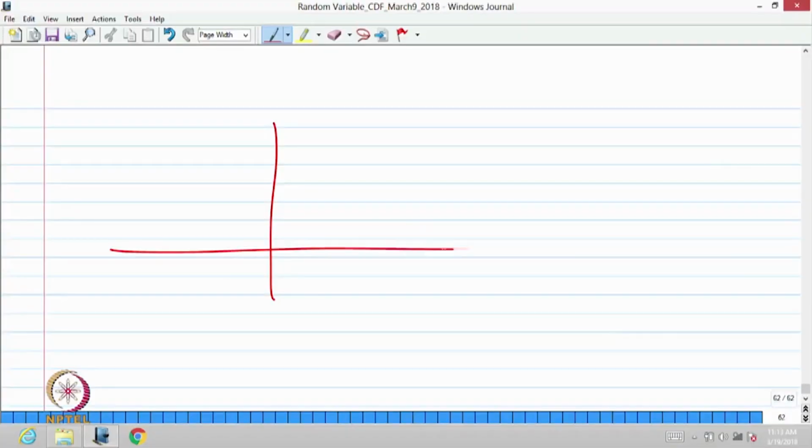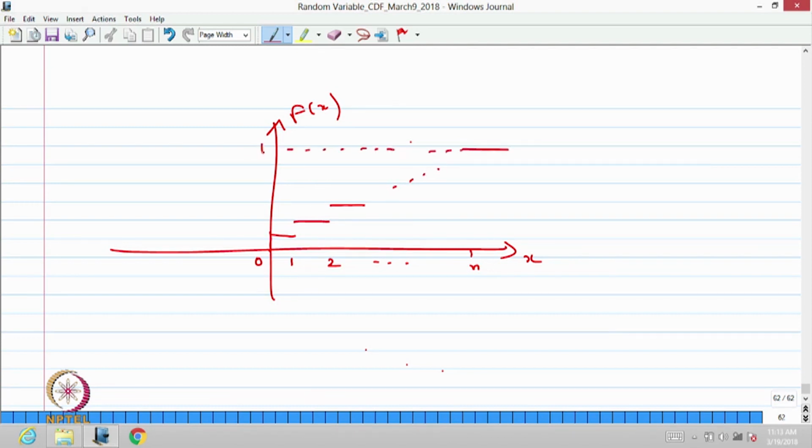You can see the CDF: at x is equal to 0, it is the first jump, at x is equal to 1, it has the second jump, at x is equal to 2, it has another jump, and so on. At x is equal to n, it has the last jump, and which gives the value 1.